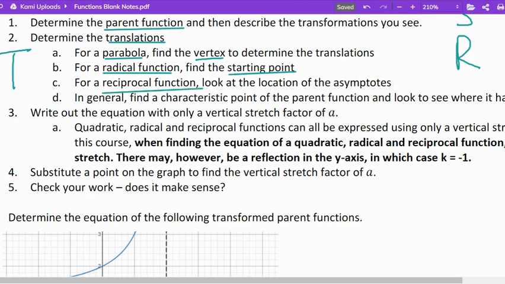And if it's a reciprocal function, we look at the location of the asymptotes. Okay, so that's what we do with the transformations. Then come the S and the R, and we do both at the same time. Now really important.